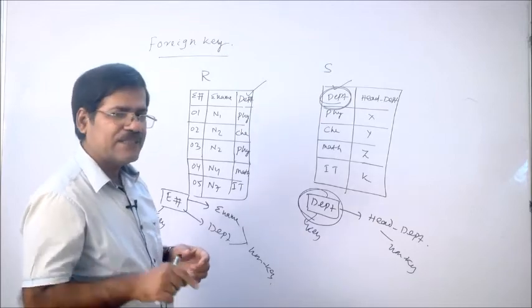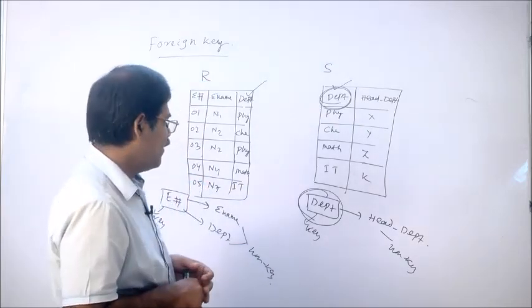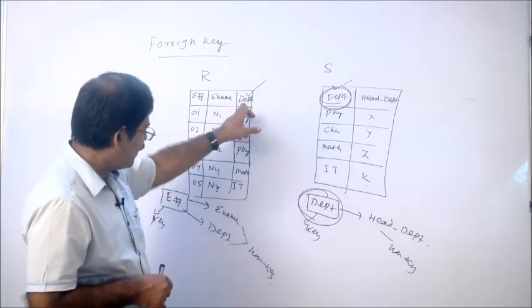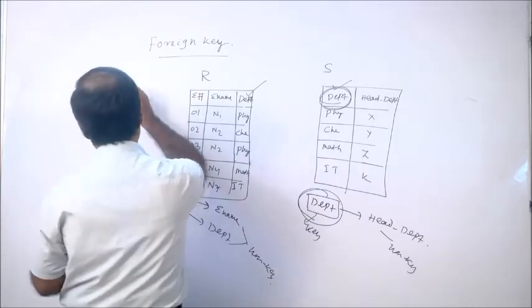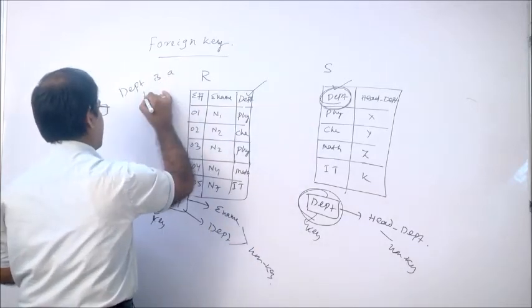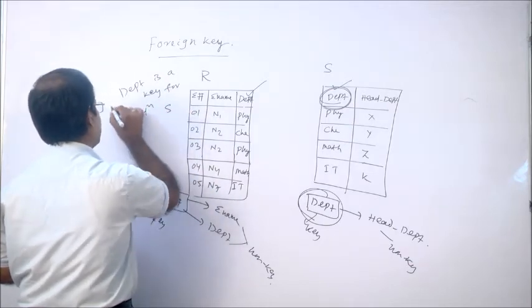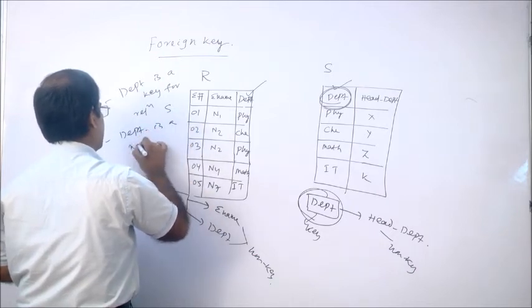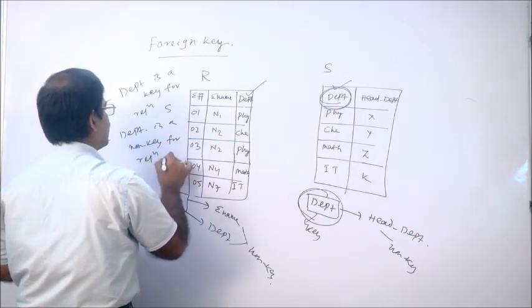So, department is a key for relation S, and the department field is a non key field for relation R.